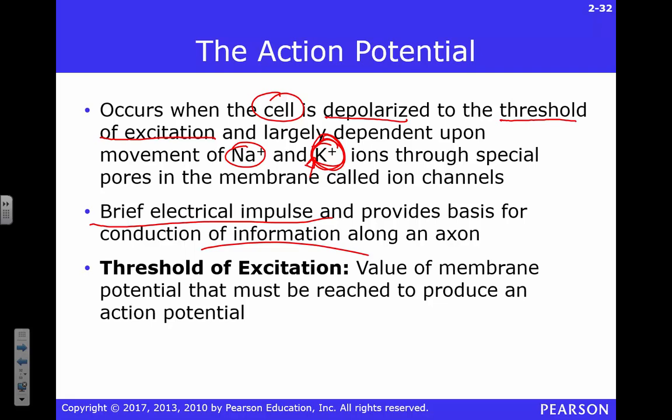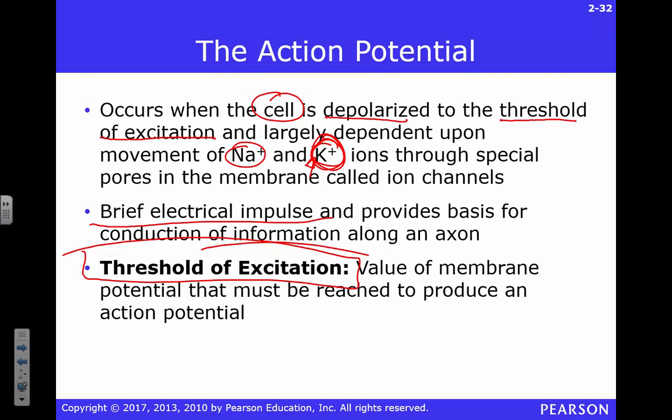All right, so threshold of excitation, that's just the membrane potential where we reach the point of no return. Once we become that depolarized, it's going to happen. There's no way to stop it. How many of you have ever tried to tip something over that was heavy? You're rocking it back and forth, and at some point it's rocking so much, it's going to happen.